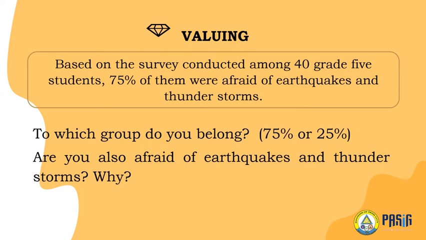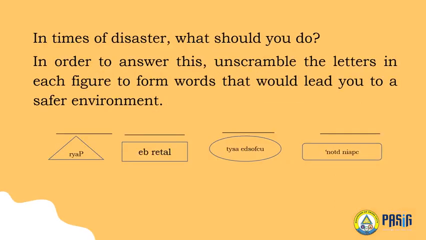Are you also afraid of earthquakes and thunderstorms? Why? In times of disaster, what should you do? In order to answer this, unscramble the letters in each figure to form words that would lead you to a safe environment.